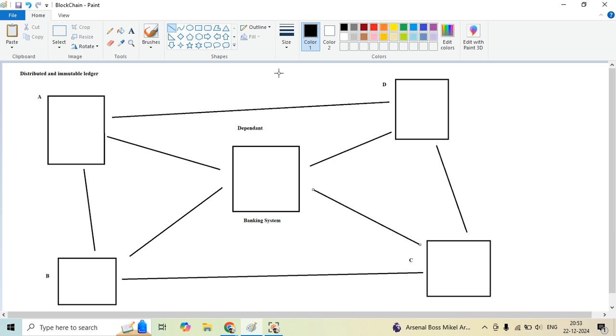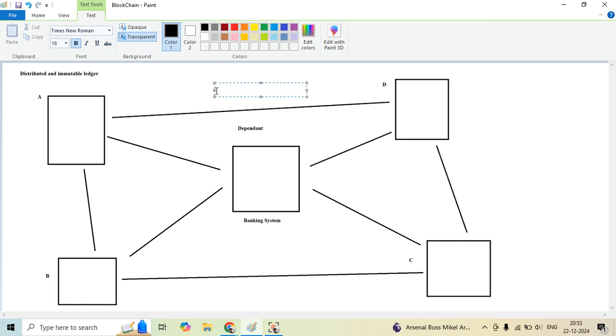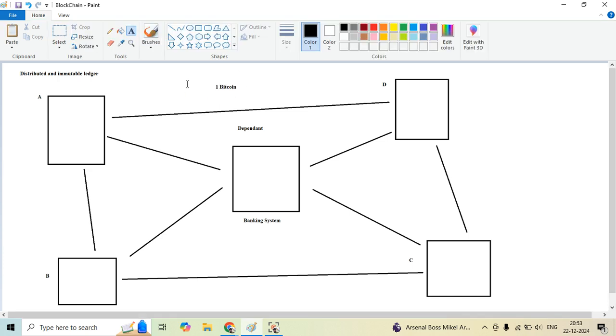So let's suppose A wants to send D some money, or A wants to send B some money, or A wants to send C some money, it can directly send. Let's suppose A wants to send D 1 Bitcoin, so it can directly send this money without any centralized authority involved.